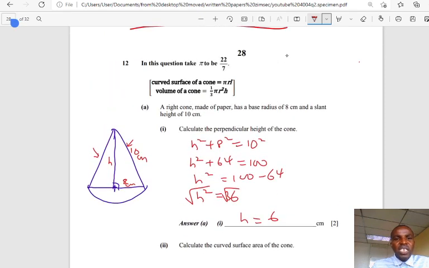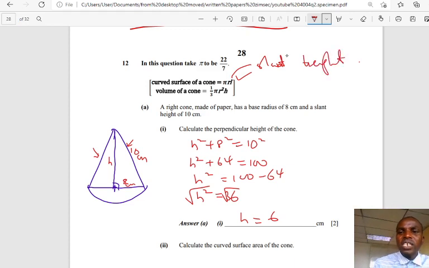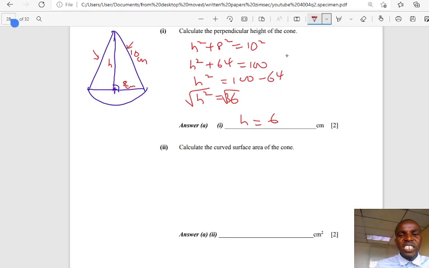Then next, calculate the curved surface area of the cone. Curved surface area, you are given here, where L is the slant height. Please take note, it is the slant height of the cone. So it's pi r L. That's the curved surface area.